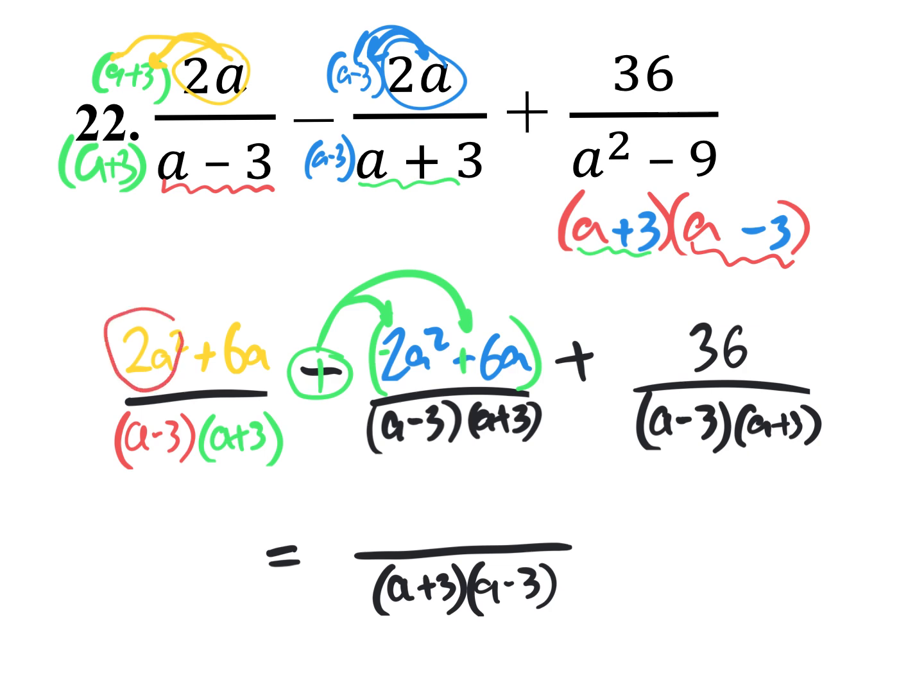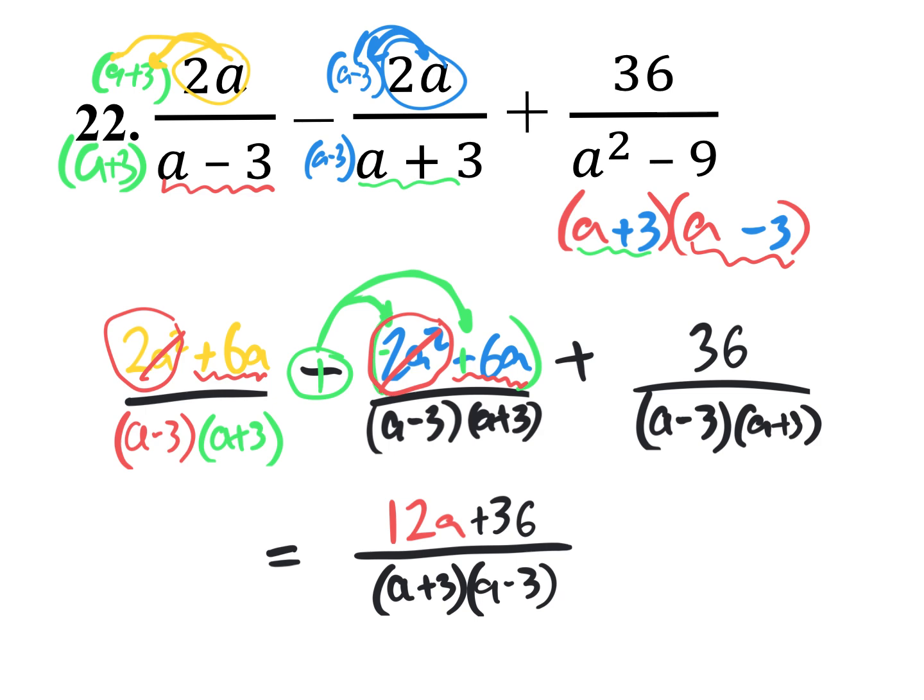This 2A squared combined with this minus 2A squared completely eliminates, and you don't have to write it in your answer. And then the plus 6A with that plus 6A is actually a positive 12A. Okay. And then the plus 36 just comes down as plus 36.